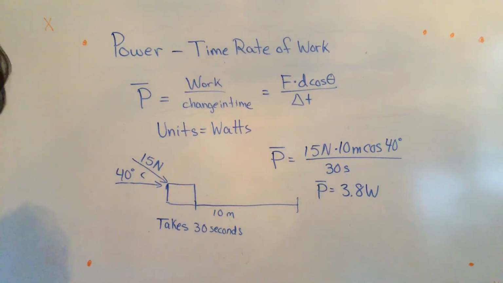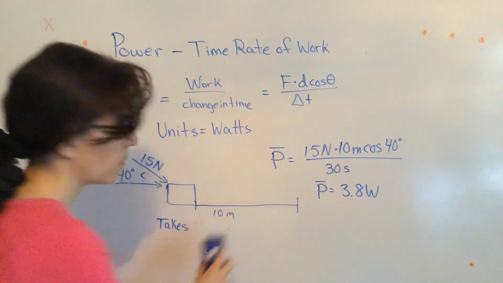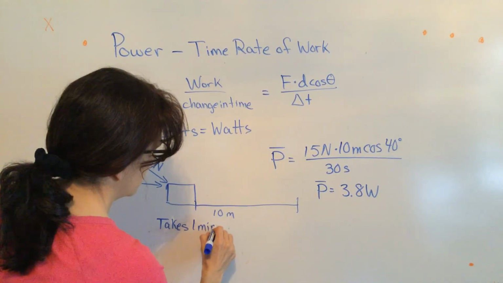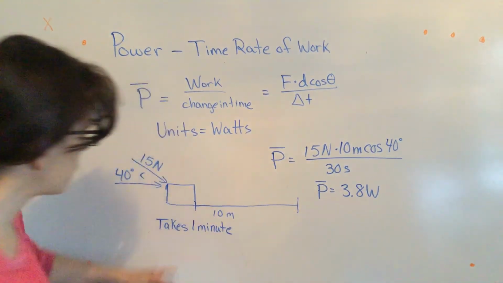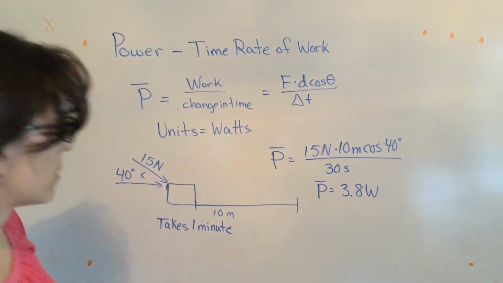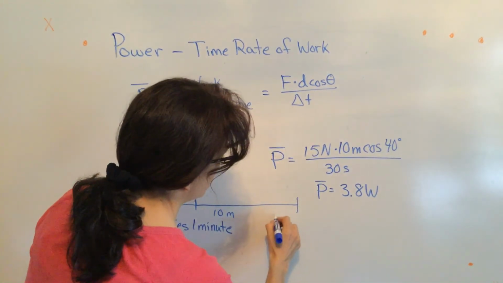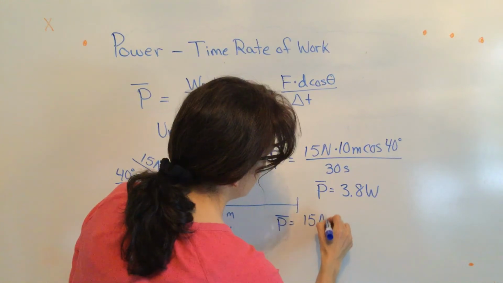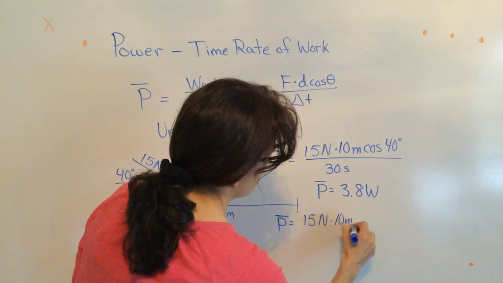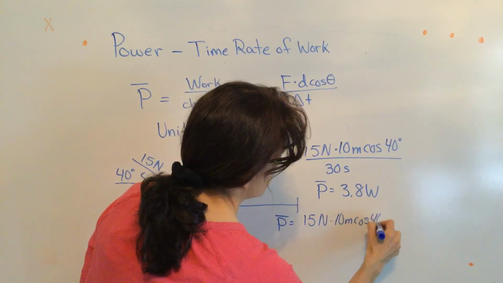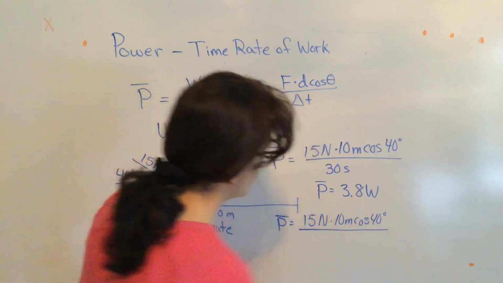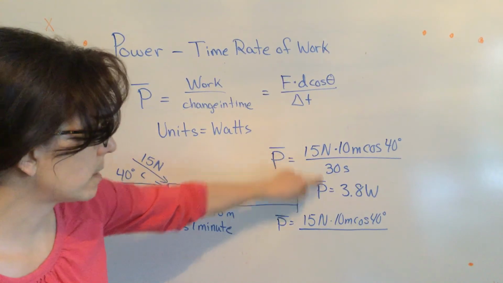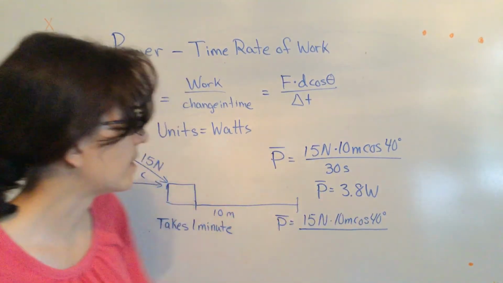Now the question is, what if it takes 1 minute? What if we're doing the work but it's taking us longer? How much power is being applied? Same formula, 15 newtons, same distance, same angle. I did this on purpose to remember that we need our units in seconds if we want our final units to be in watts.